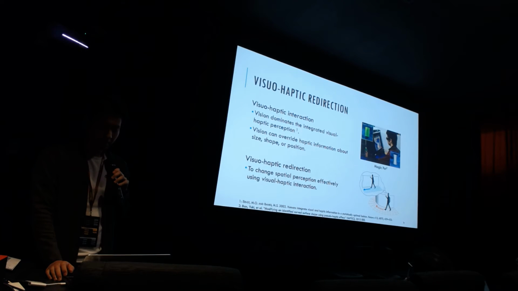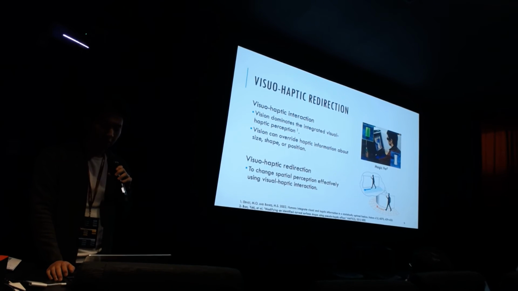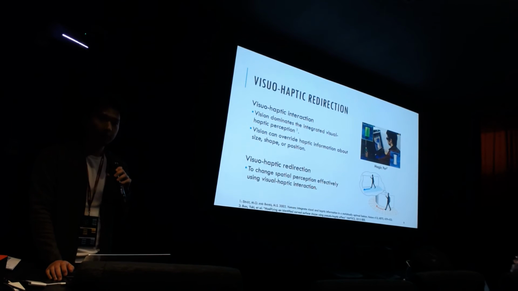For example, Ban et al. modified the haptic perception of the curvature, angle, and size of a cylindrical object by manipulating visual stimuli. In Visuo-haptic redirection, visual information and modified haptic information by visual-haptic interaction are combined to manipulate spatial perception more effectively than conventional visual-only methods.